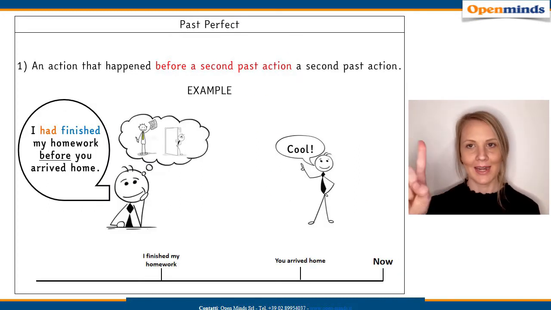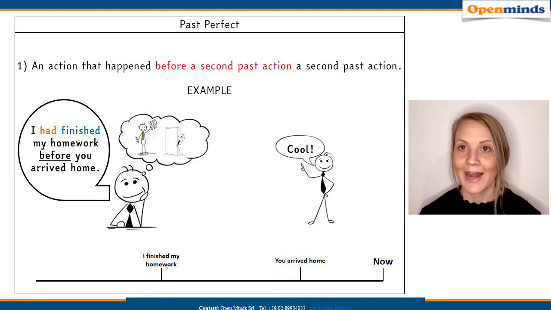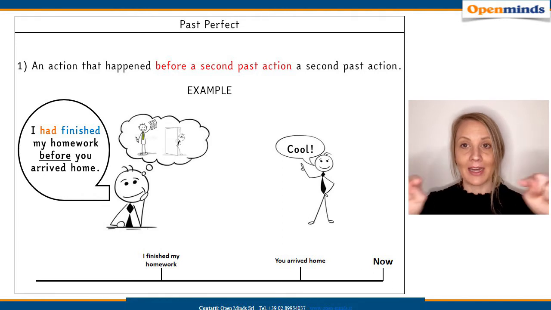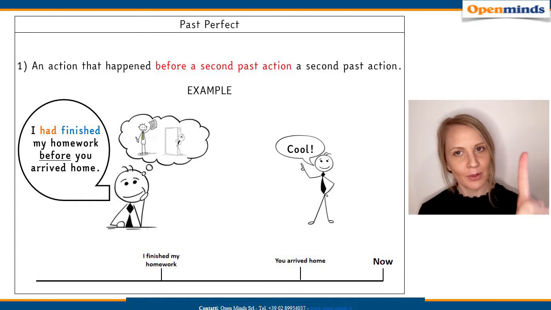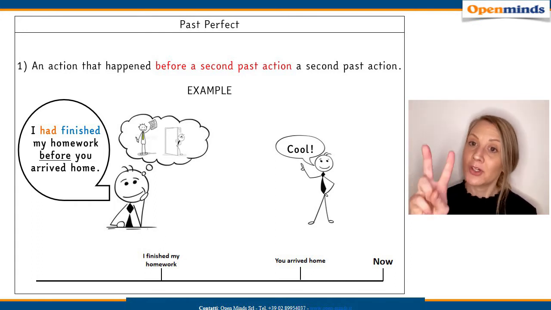Okay, let's look at number one again. So this is to describe an action that happened before another action in the past. So look at the timeline. You can see that it says, I finished my homework. Let's call this action number one. You arrived home, action number two.